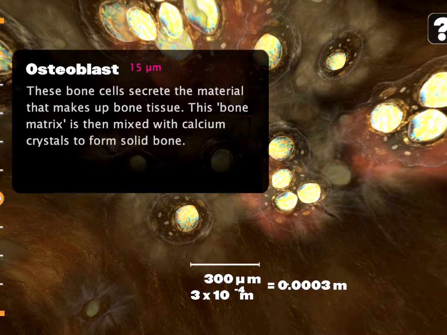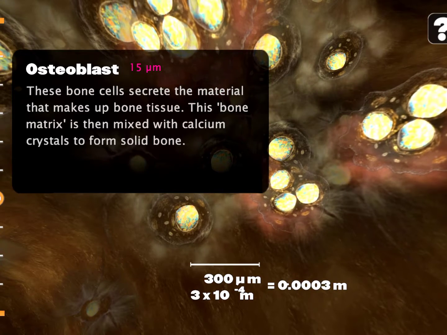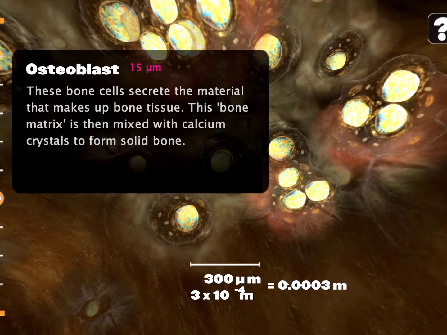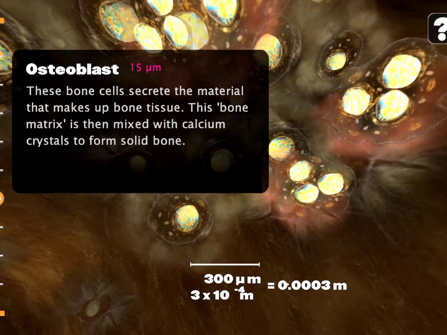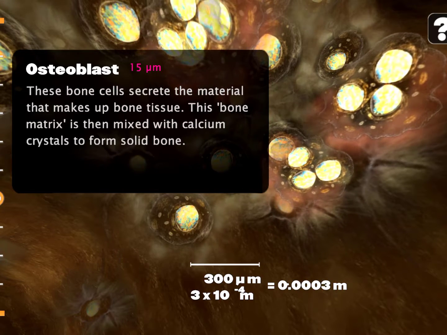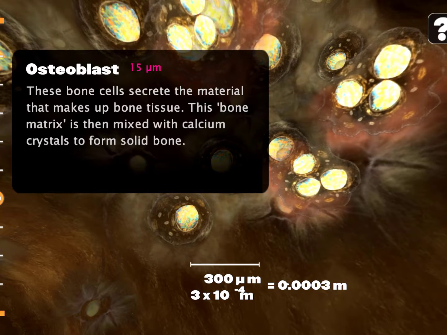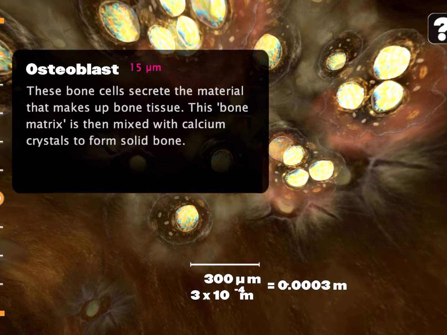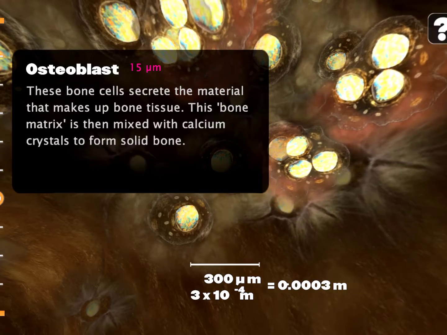That's the matrix being secreted. So they're both secreting something: the red stuff is going to break down the matrix, and the white stuff is going to become the matrix. It's your calcium crystals that are going to be deposited to make this solid bone.